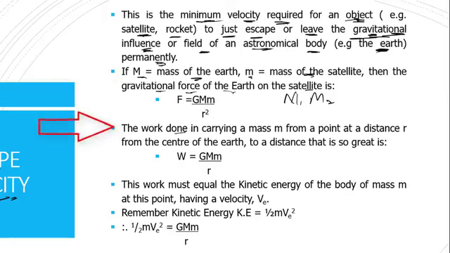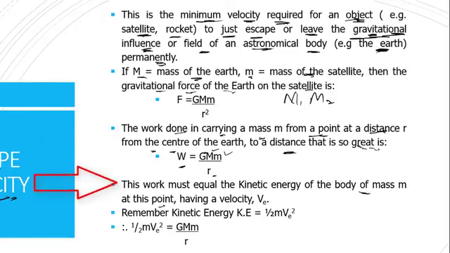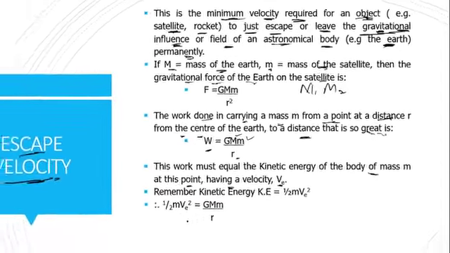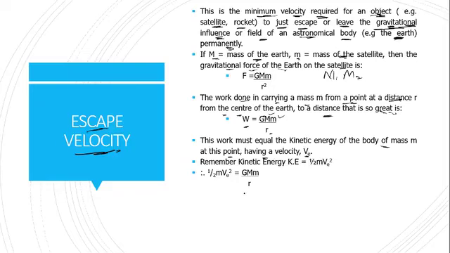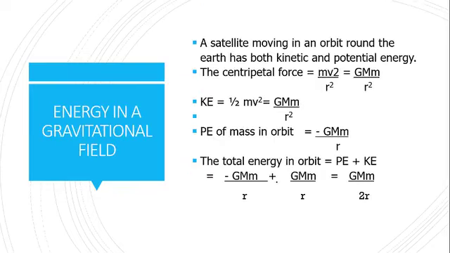And the work that is done in carrying a mass m from a point at a distance r from the center of the Earth to a distance that is so great is given as W equal to G times the mass of the Earth and m, the mass of the body, over the distance from infinity to that point. Also, the kinetic energy of the body of mass m, having arrived at this point with a certain velocity Ve, is given by half mv squared, which is also equal to this equation as well.